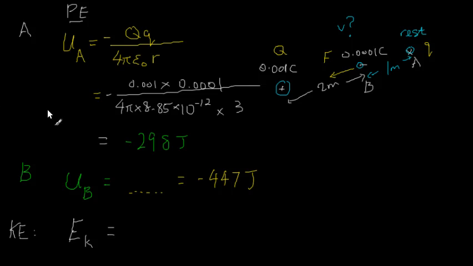So I must take, let's see, this is bigger than this. Alright, so the potential energy at A is bigger than the potential energy at B. So when it falls from A to B, there's a decrease in the potential energy. And to find the decrease, I must take the potential energy at A and minus away the potential energy at B. So I must do UA from up there minus the UB from here.